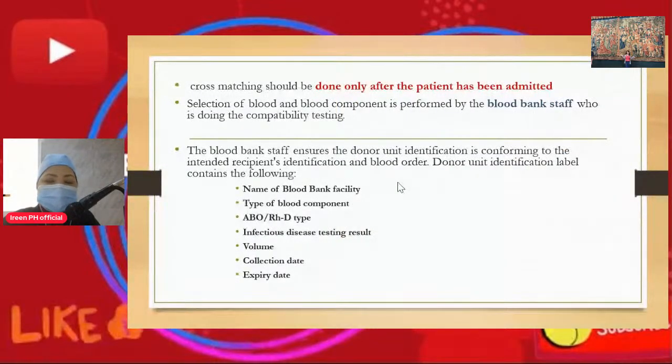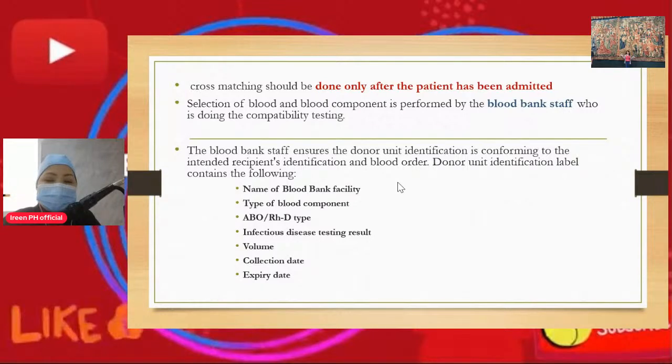Cross-matching should be done only after the patient has been admitted. Selection of blood and blood components is performed by the blood bank staff who is doing compatibility testing. The blood bank staff ensures the donor unit identification conforms to the intended recipient's identification and blood order.